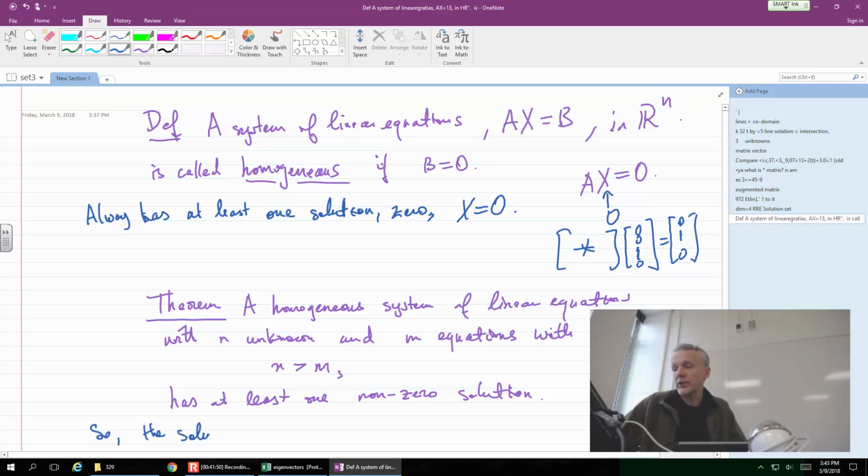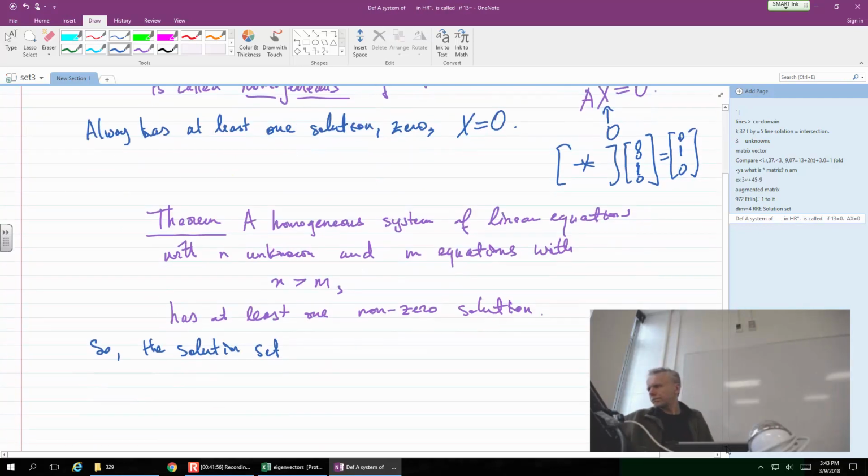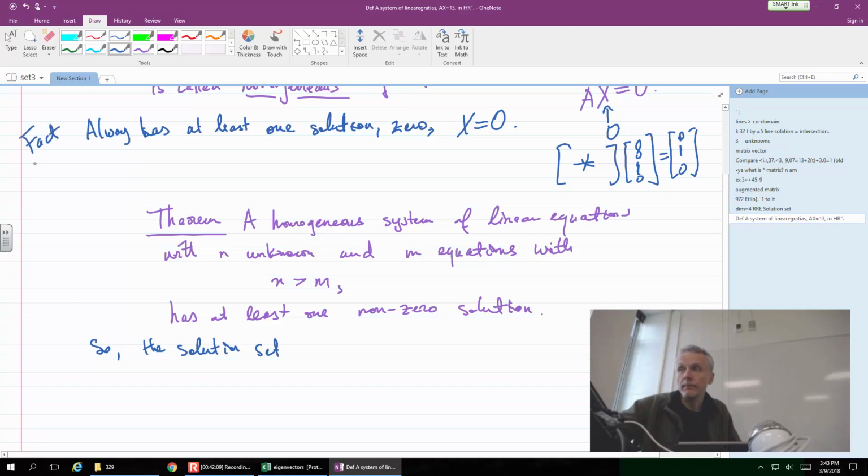What about the solution set of this system of equations, if it has at least one non-zero solution? So it has the 0 solution, and that is a given. And then there's one that's a non-zero solution. So what does it tell you about the solution set?